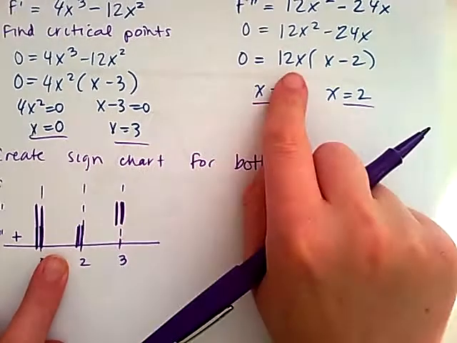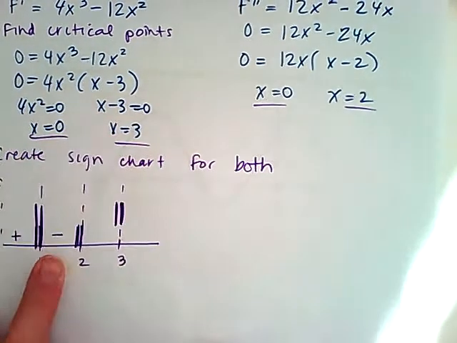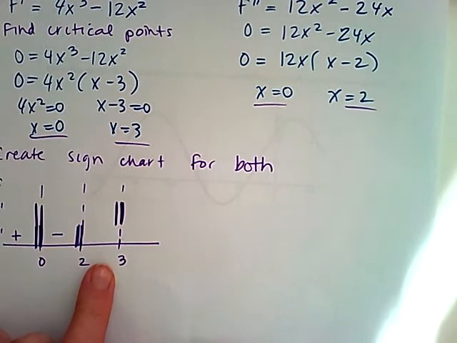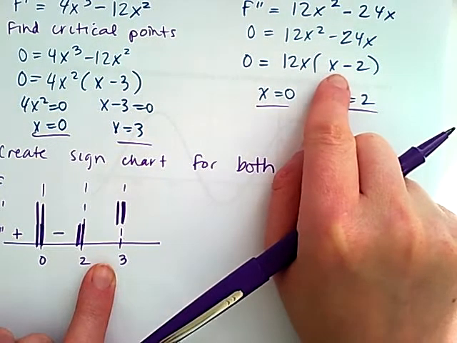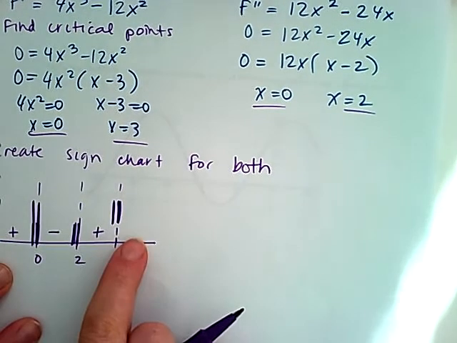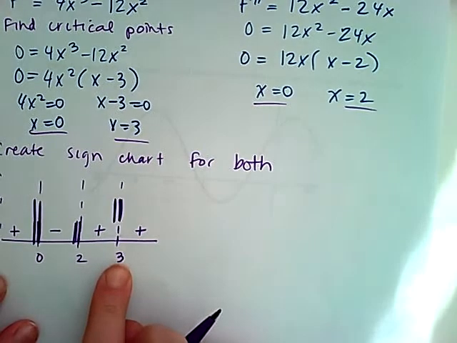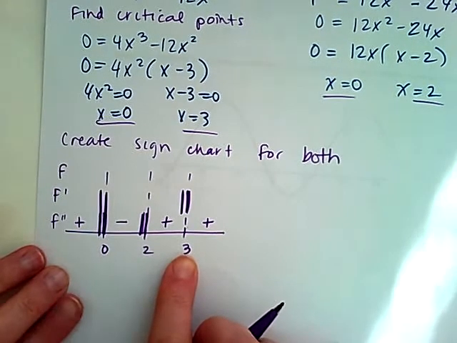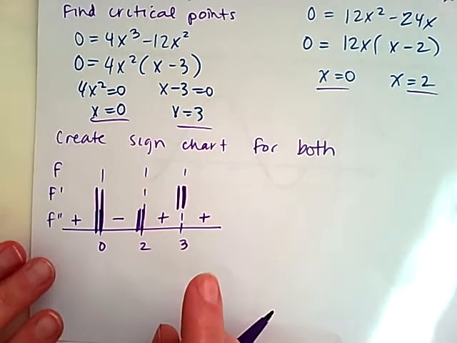I get positive and then negative, so that puts this at negative. Between 2 and 3, say 2.5, this is positive, and 2.5 minus 2 is positive, so we get positive. That positive also carries over beyond 3 because 3 wasn't a critical point for my second derivative, so I don't have to check anything past 3 there. Now we're going to do that same process for f prime.